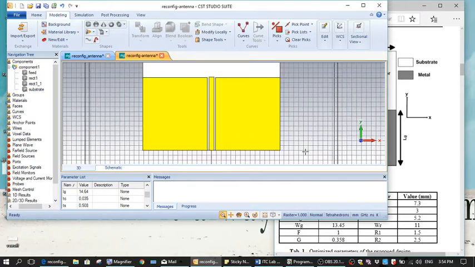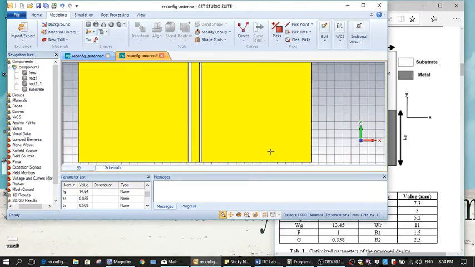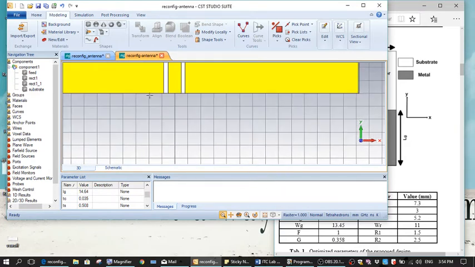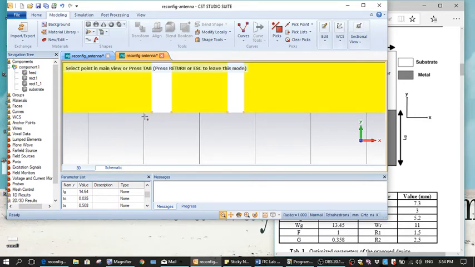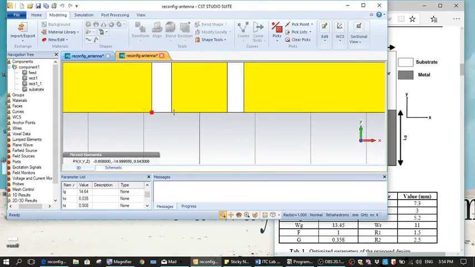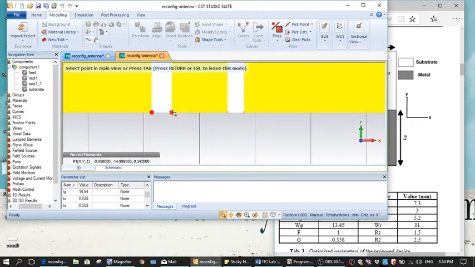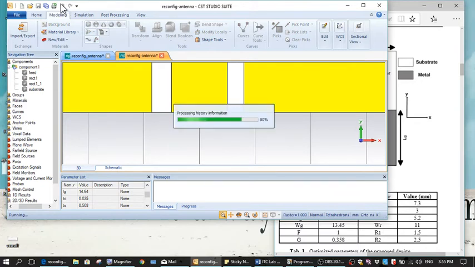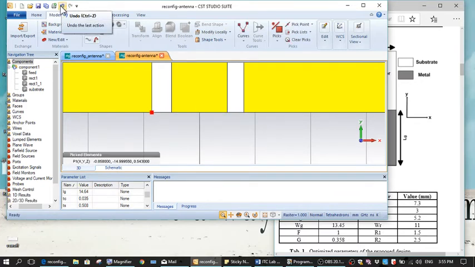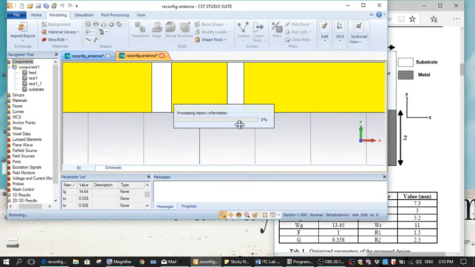Okay, now what we're going to do, I think the distance is not matching right here. Let's press P, and on this point, press P again. The distance between these points is 0.35. Okay, undo two times and press P again.